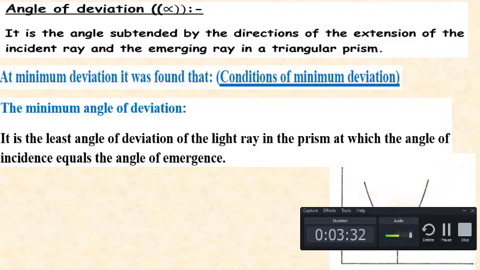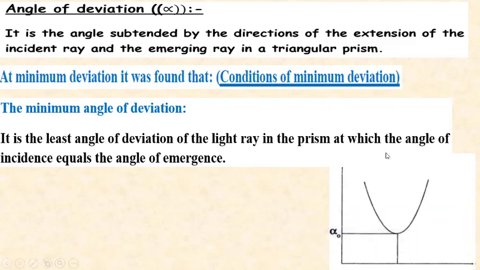The minimum angle of deviation is the least angle of deviation of the light ray in the prism, at which the angle of incidence equals the angle of emergence, so that phi 1 equals theta 2. So I can name it phi node, where theta 1 equals phi 2, which is known as theta node.